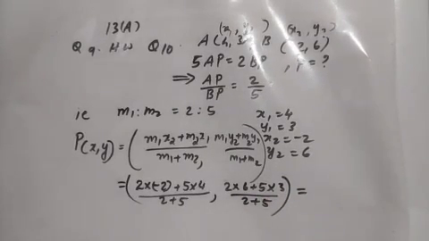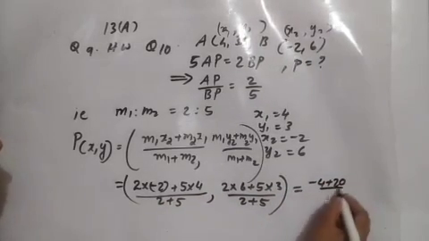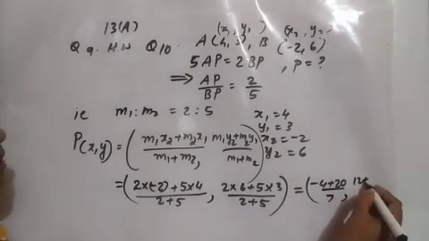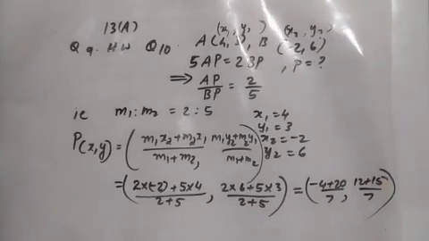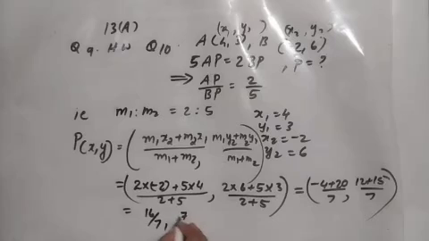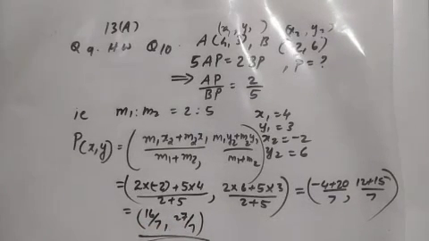That is minus 4 plus 20 by 7 and 12 plus 15 by 7. That's equal to 16 by 7, 27 by 7. This is the coordinate of point P. Understood?